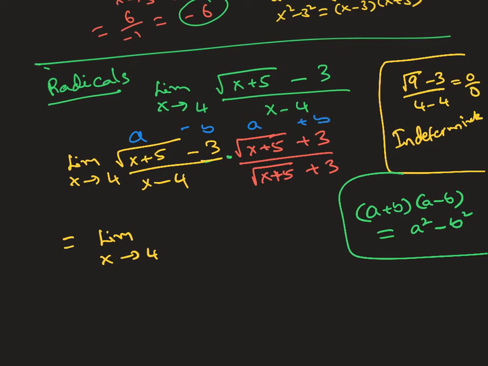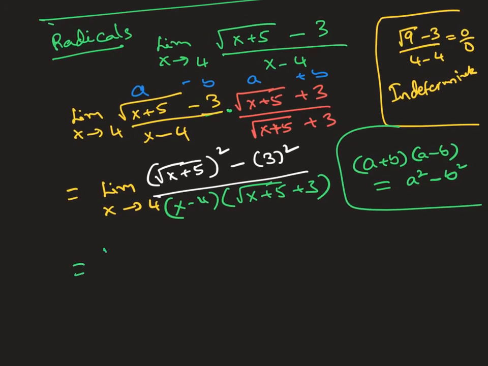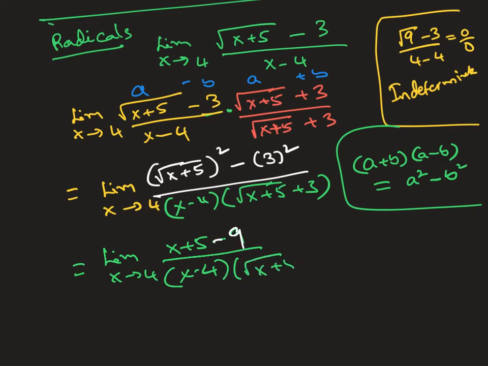So if I use that formula instead of distributing, I can get a squared, which is square root of x plus 5 squared, minus b squared, which is 3 squared, divided by, I am not distributing these, I will just bring them down. When I simplify this, I get x plus 5 minus 9 divided by x minus 4 times square root of x plus 5 plus 3.